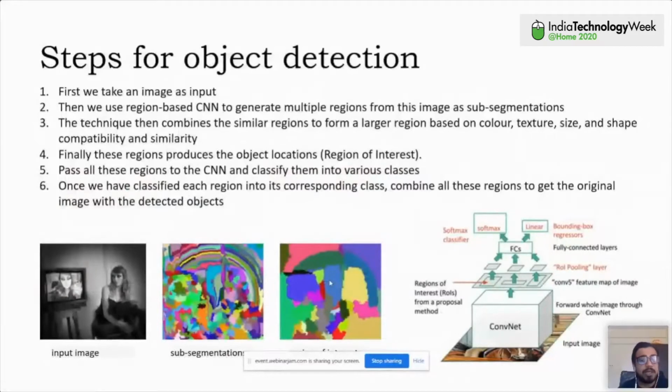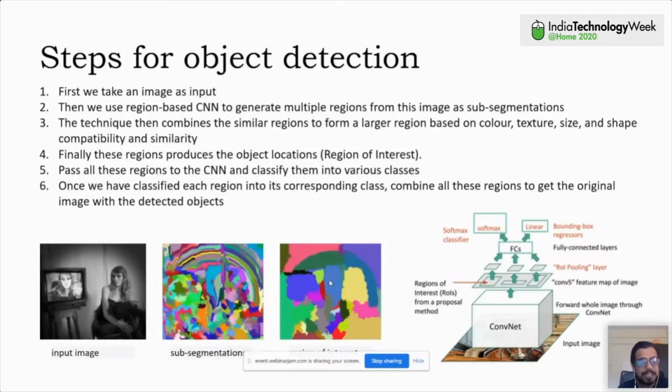Now, if you talk about the steps involved in building this object detection, how it works and how it is implemented, we first take an image as input, then we apply a region-based CNN to generate multiple regions from this image, which are nothing but subsegments.